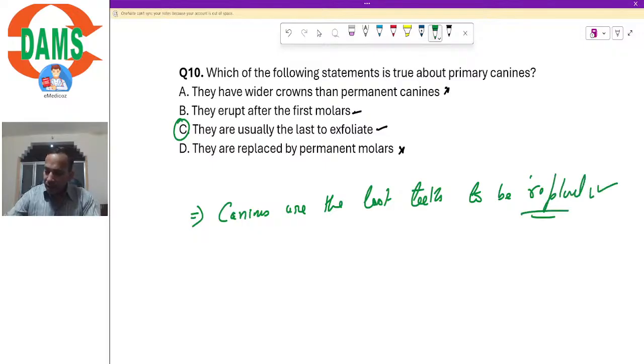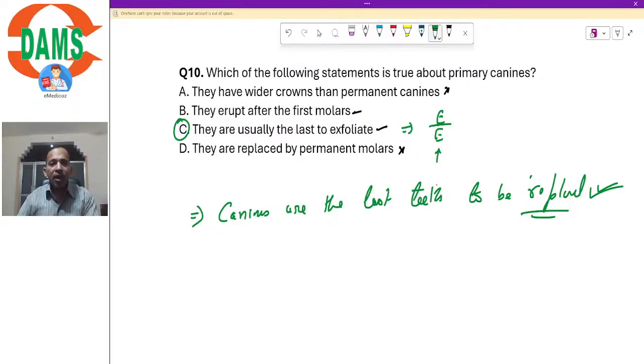And this statement is absolutely true, right? So, when we say that the canines are the last teeth to be replaced, we automatically think that they are the last teeth to exfoliate, but that is not true. The last teeth to exfoliate are primary second molars. Then, how are these two statements true? That the primary second molars are last teeth to exfoliate, whereas the canines are the last teeth to be replaced.